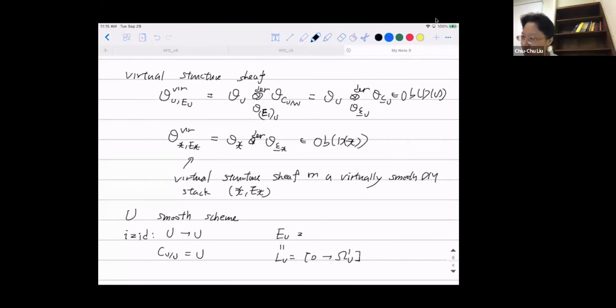Then in this case, our perfect obstruction theory is the same, so this is an isomorphism.